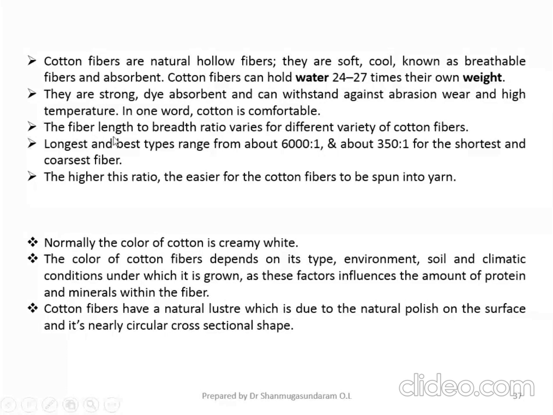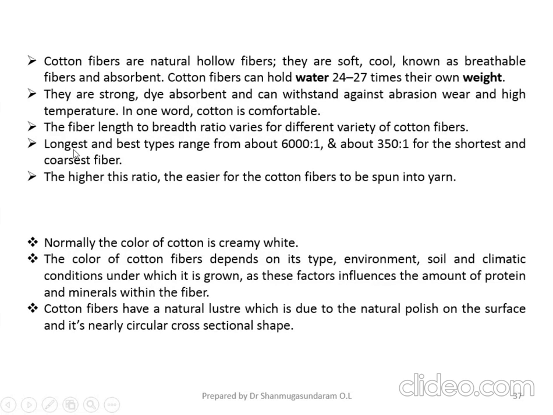When you look at the fiber length to breadth ratio, again it varies between different varieties of cotton. If you take cotton varieties like Lakshmi cotton, Varalakshmi cotton, MCU5, Sankar cotton, there are so many varieties available. So this length to breadth ratio will vary from cotton to cotton.